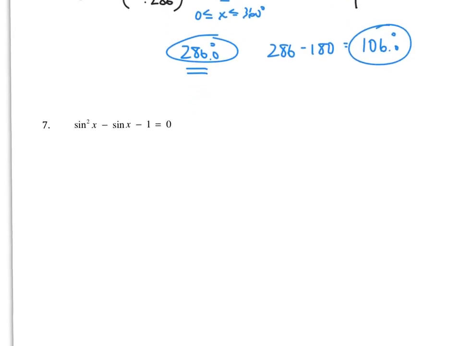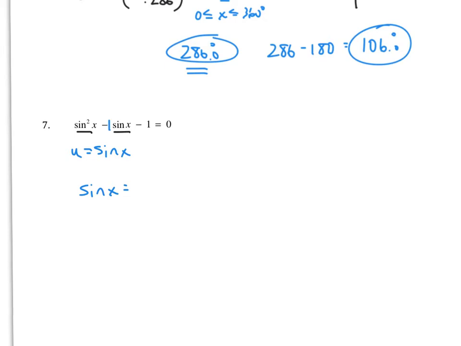All right, in the seventh example here, you have a situation that is not factorable. So one of the things that we got to think about doing is using the quadratic formula. Now, since we're talking about sine of x, we have to use sine of x with our quadratic formula. If you need to, reminder, you can always use the idea of u is equal to sine of x. But I'm just going to go directly to sine of x is equal to the opposite of b.